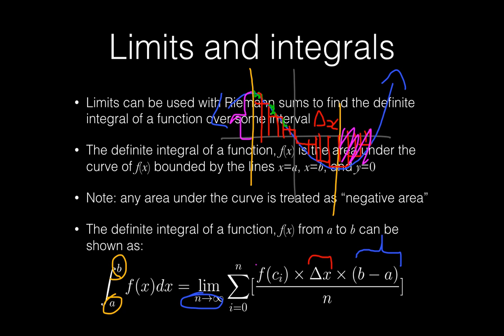So right here is giving us the area of the rectangles. And this is basically going to give us the exact area underneath the curve because we are taking an infinite amount of subintervals. Here I'll show you an example of finding the area underneath a curve, or the definite integral, using limits.